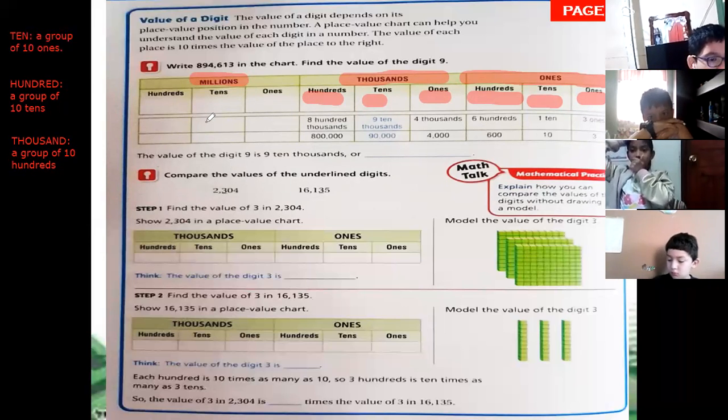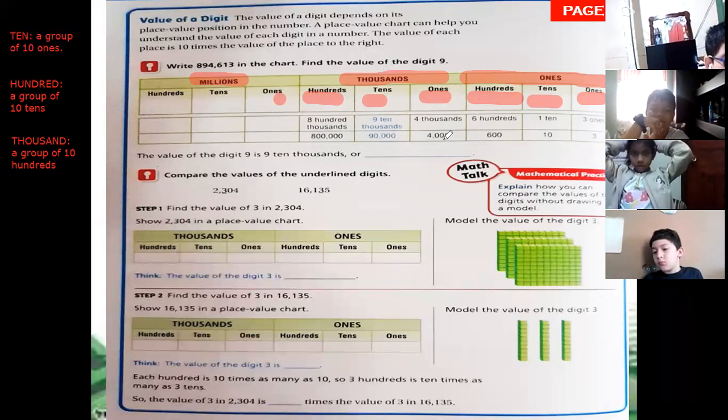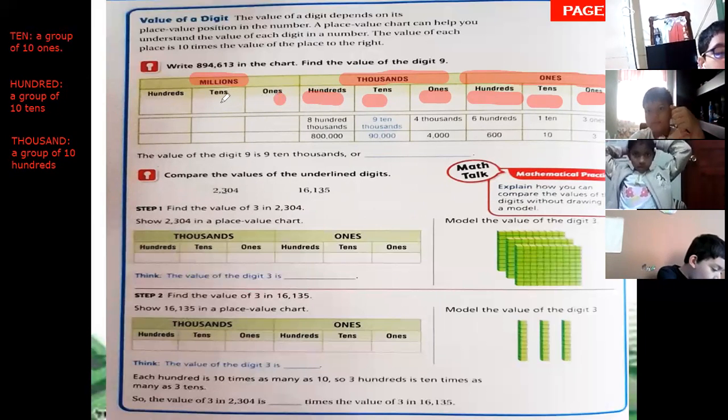Okay, that's the difference. And how do we read it? Ten millions, hundred millions, ten thousands, hundred thousands. And the ones we only say thousands. Here, millions. So we have 1, 10, 100, 1,000, 10,000, 100,000, millions, 10 millions, 100 millions, like that.